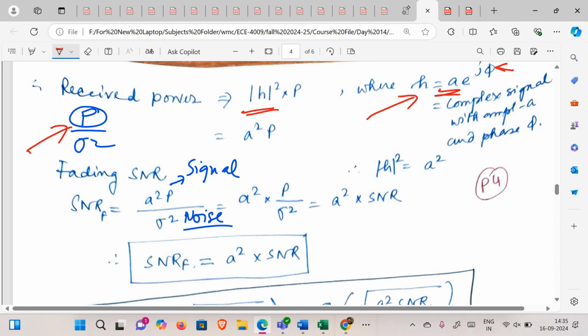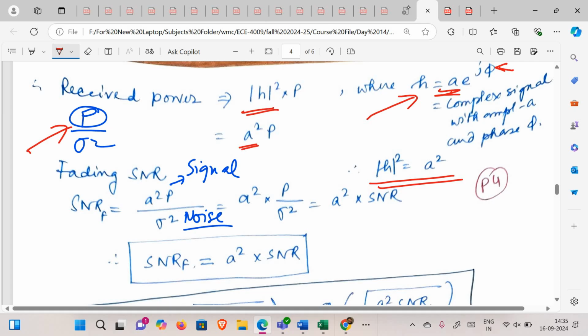Because it is a complex number. We cannot take that into account for any calculation. So it takes an average, or you can take an absolute value of it. Now, as it has A as an amplitude, the magnitude of H square is nothing but A square. So that is completed over here.